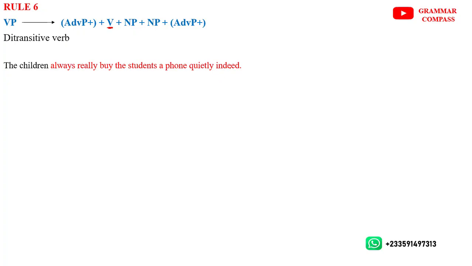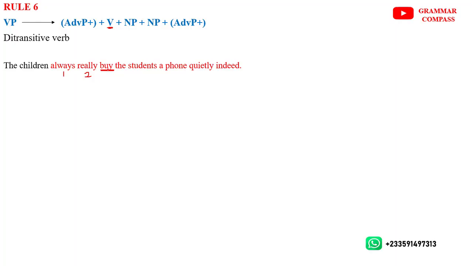But first of all, let us look at the constituents of this verb phrase. First, let's identify the head. This is the head word, buy. So buy here is the head word of the phrase. It means that always is modifying buy, really is modifying buy. Since they are adverb phrases and each of them is modifying buy, we have 1 adverb phrase and really becomes a second adverb phrase.